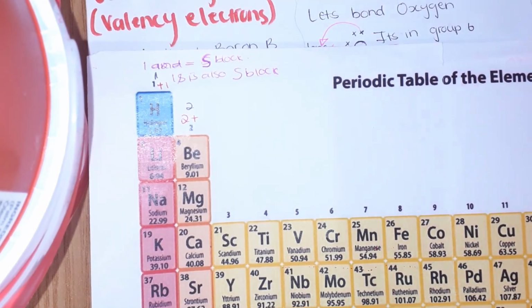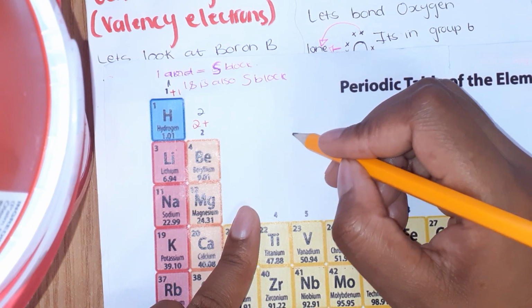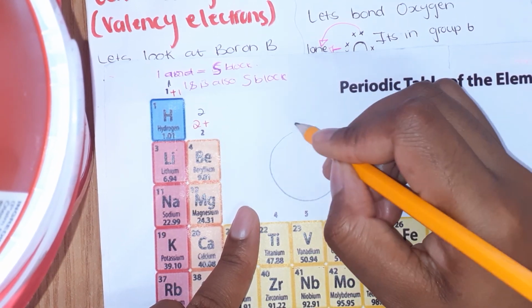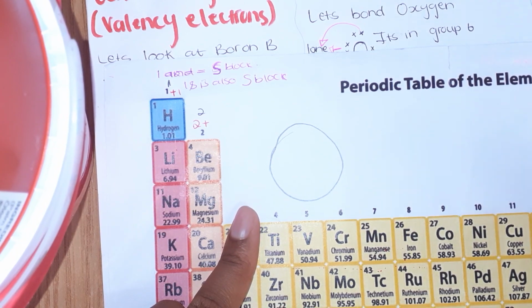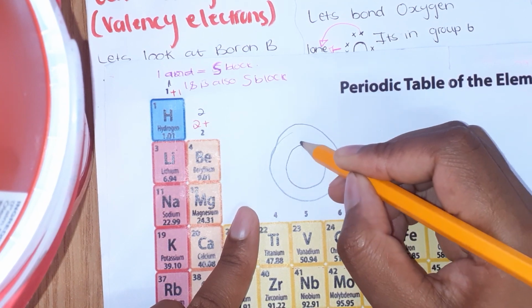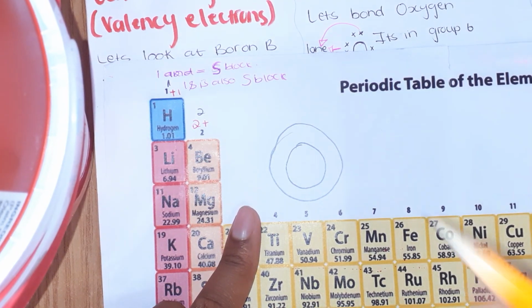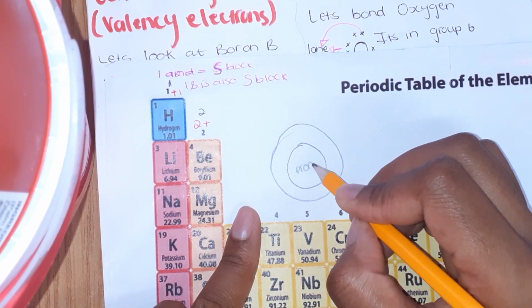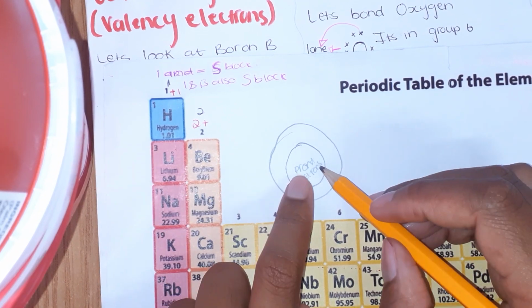So if we have an atom, let's draw it like this. This is an atom, it's a carbon. This is the outer side, this is the inner side, right? We have protons and neutrons inside the nucleus.